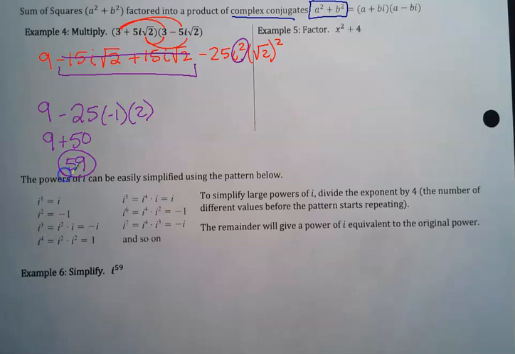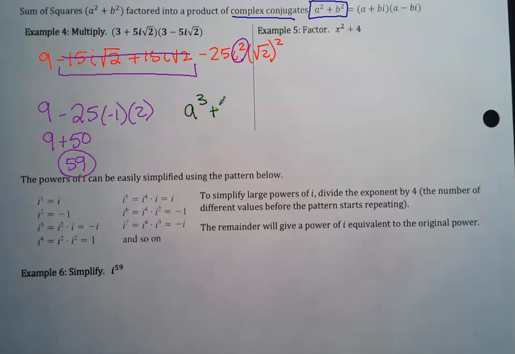Okay, so that's the long way of doing it. We can take the shortcut and see the pattern and recognize, okay, this is the same thing as a squared plus b squared. All right, if that's the case, my a value is 3. So it's going to be 3 squared, okay, plus b squared.